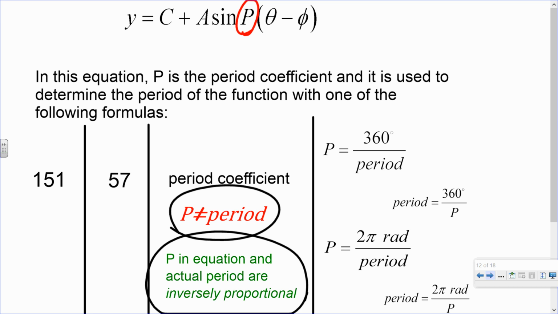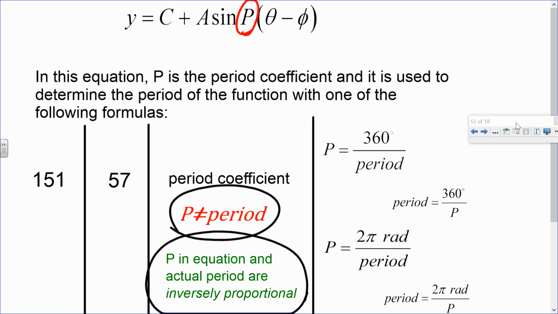That's what's important to remember. Remember, inverse proportion, inverse variation, y equals k over x, p equals 360 over period. So you see how that's the inverse proportion pattern. And if we are using degrees, the number in the equation is 360 degrees over the period that we see on the graph. Or we could switch that around. The period is 360 degrees over the p that we see in the equation.